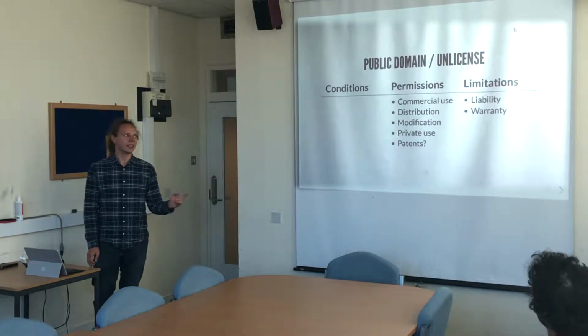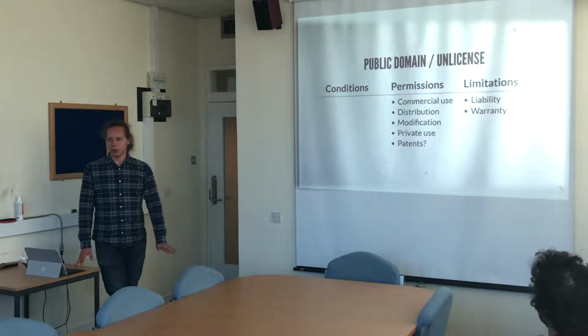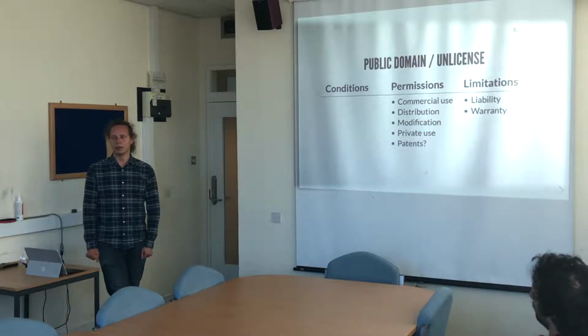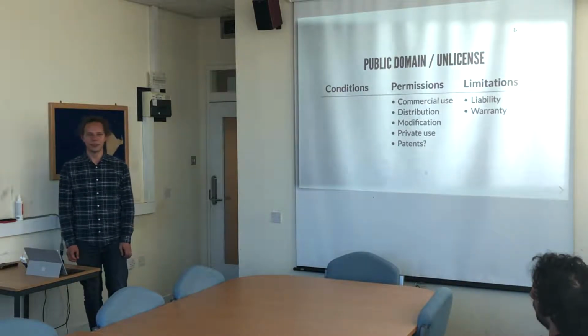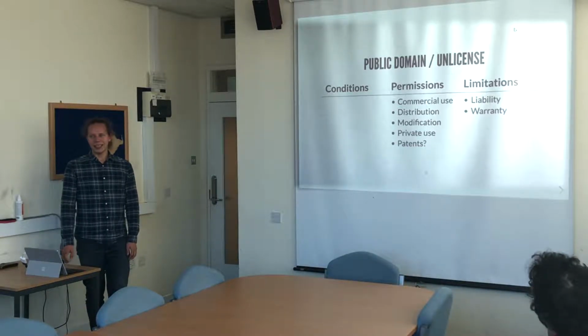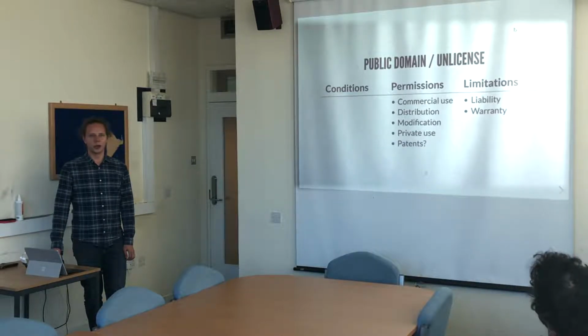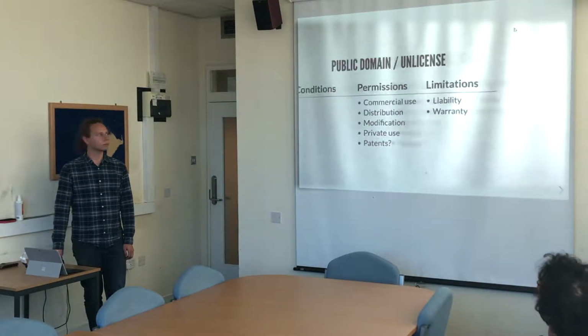So there's liability and warranty. Essentially, that means that you're not giving any warranty. You're not liable for anything that people do with the code, wherever that's possible in the legal system. But essentially the idea is that whoever receives the code can do anything they want, as long as they don't try to copyright it for themselves.